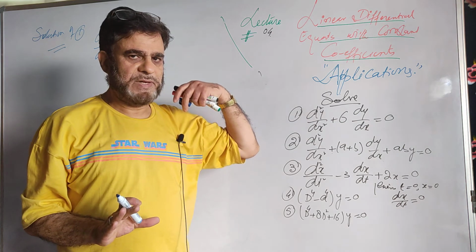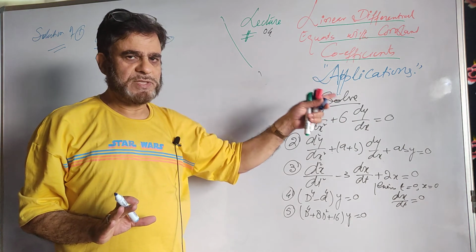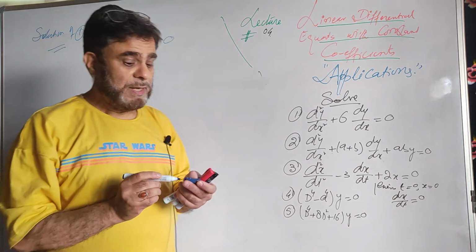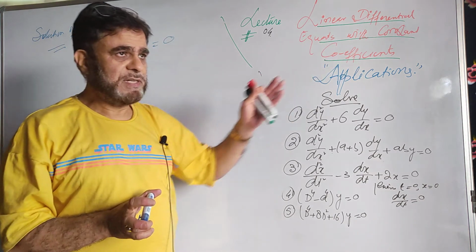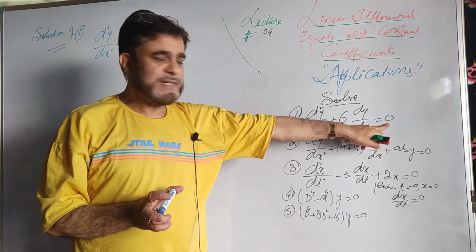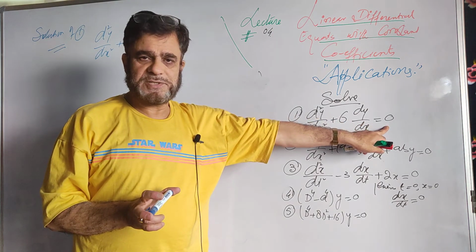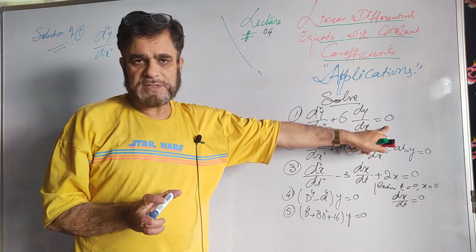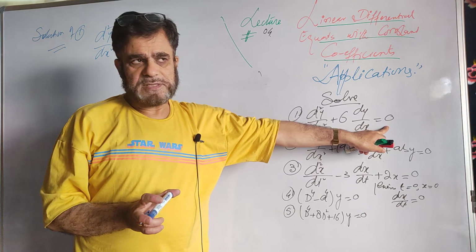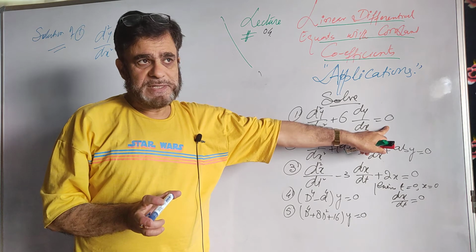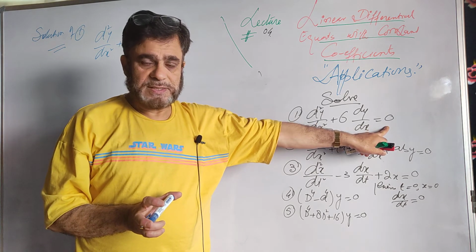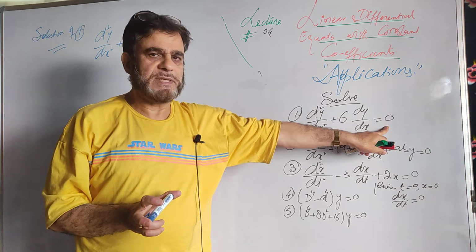Then it has only one solution, the complementary part as you did. But our second journey will be where the right side is not 0, it is some function of x, and there we have two parts as we discussed in lecture number 2. Two parts, one is complementary function and second will be particular integral. There you have to learn how to find out the particular integral.